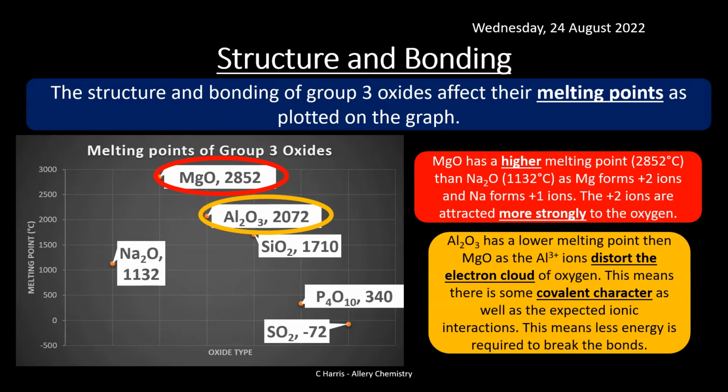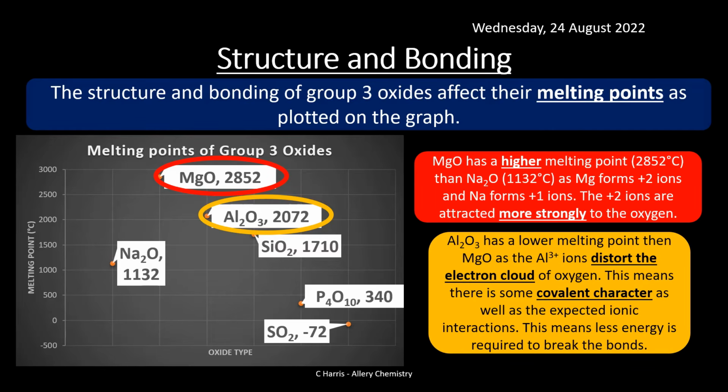Now for aluminium oxide, this has a lower melting point than magnesium oxide, and this is a bit of a quirky one really. The Al3+ ions distort the electron cloud of oxygen, and what this means is there's actually some covalent character there, so it's really pulling the electron cloud surrounding the oxygen ion towards itself.